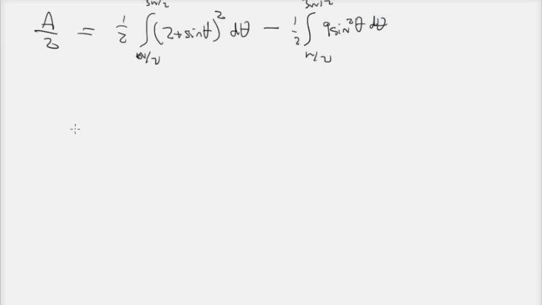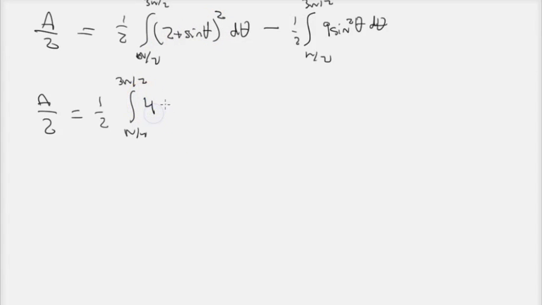So now, before we start to integrate, for now we're only finding half of the area, and we're going to move this 2 over, we're going to multiply it over later. But for now, we need to simplify inside of this integral to start solving, and we're going to do a trig substitution in here, one that we did in the last video, to make this easier to solve. So we're going to get 1/2 integral between pi over 2 and 3 pi over 2, and now let's factor that out.